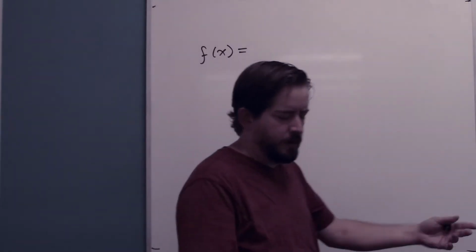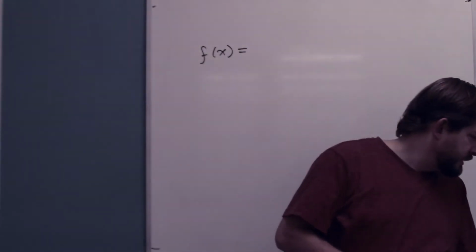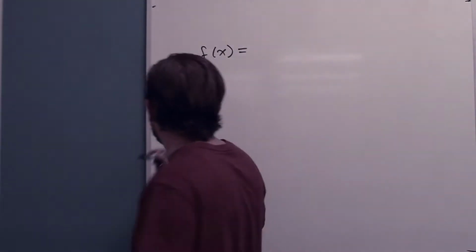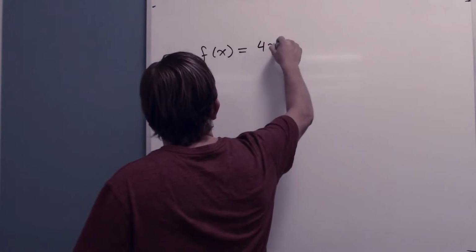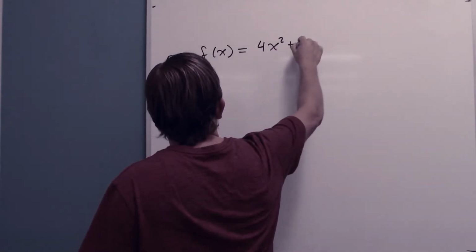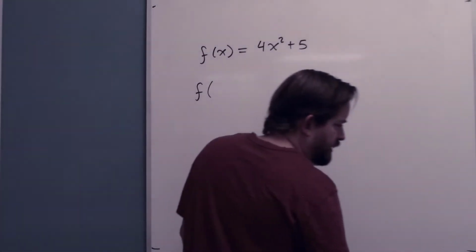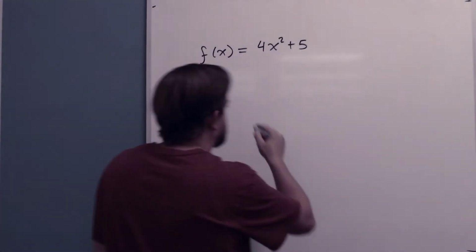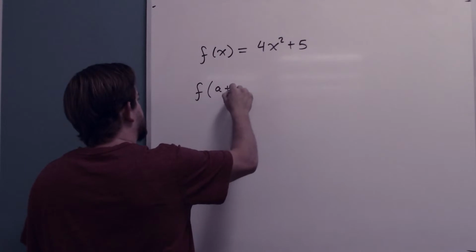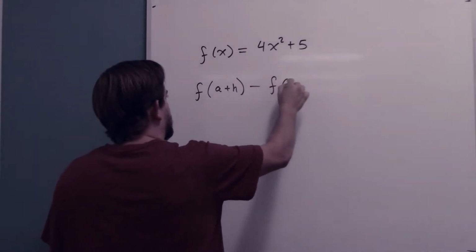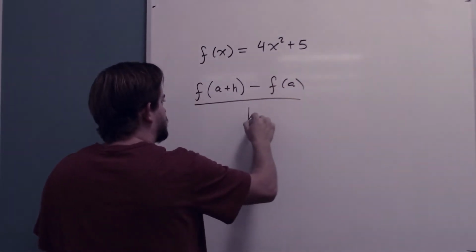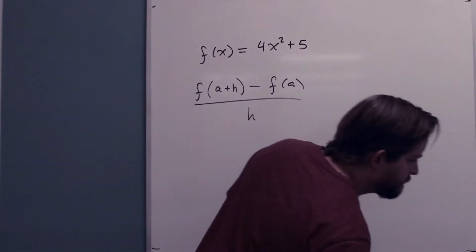I've always meant to go back and number them, but I didn't. I have f of x equals 4x squared plus 5, and it's asking us to find the difference quotient, f of a plus h minus f of a, all over h.